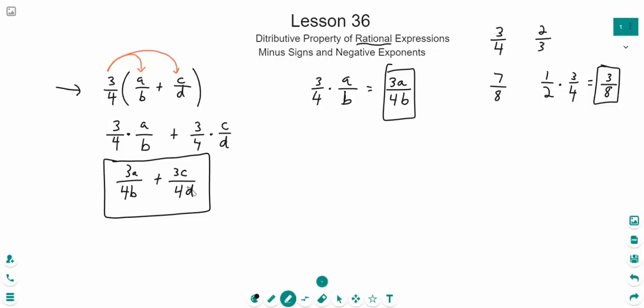So maybe let's just try a couple examples, and I'll pull one right from the book here. So if I have something that looks like x squared over y squared, and I'm multiplying that by the expression x squared over y minus 3y to the third over m.